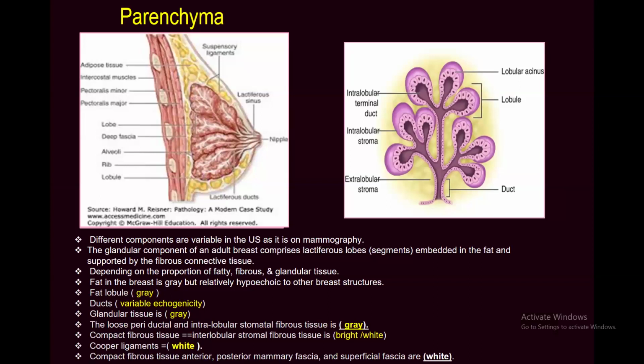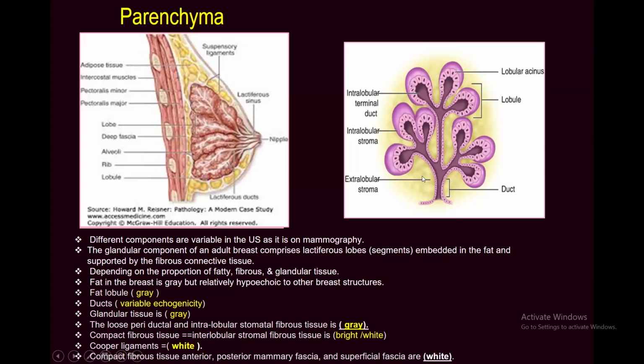As we mentioned before, the parenchyma of the breast is composed of glandular tissue and stroma, and we mentioned different structures. Here we can see intralobular stroma as gray, while the interlobular stroma is white. Periductal stroma is gray.